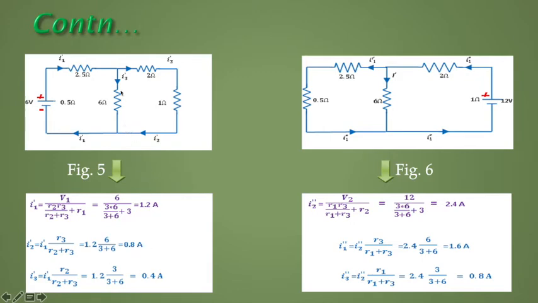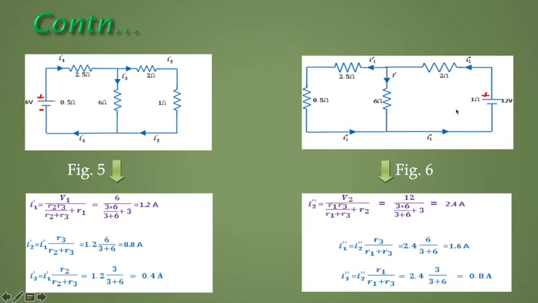Similarly, find current I3 dash using the current divider rule: total current I1 dash into R2 divided by R2 plus R3, 1.2 into 3 divided by 3 plus 6, equal to 0.4 ampere.